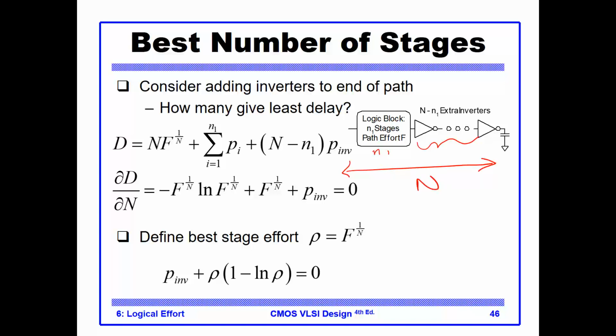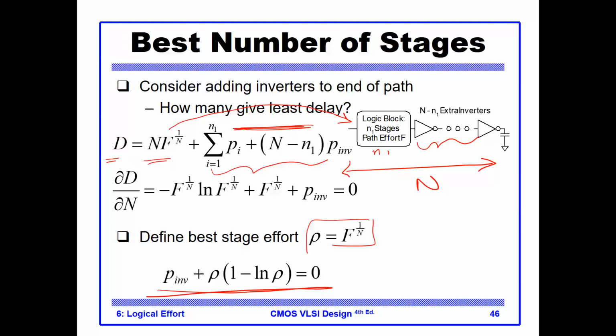If I compute the delay for this path, the delay for this part is n times f to the power 1 over n, the nth root of f, times n. Then there is the delay for these extra inverters, which is this one here. If I optimize this, assuming that rho is the nth root of f, I'm going to get this closed form as the optimum value of rho.